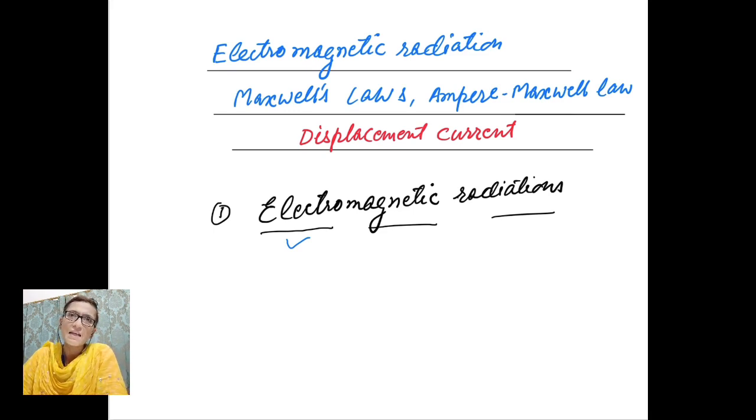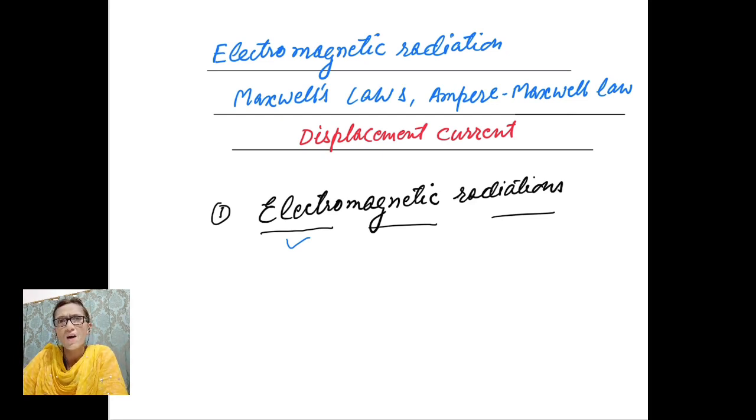Now one can think that these radiations are waves, as suggested by Huygens. So there should be some particles, some medium, and in terms of vibration of that medium, these electromagnetic radiations can be explained.